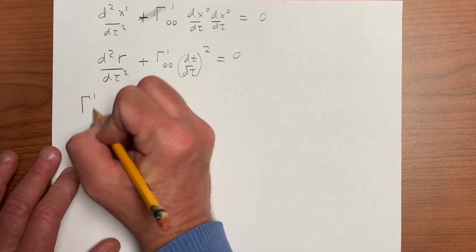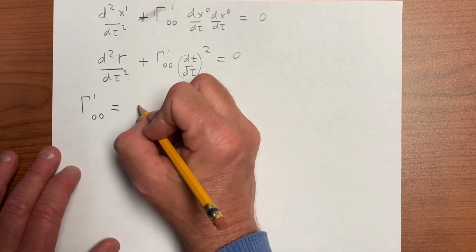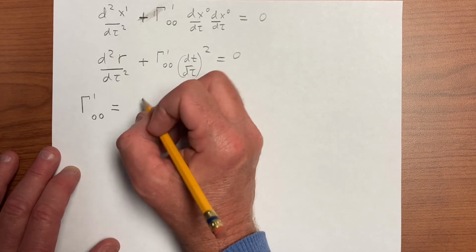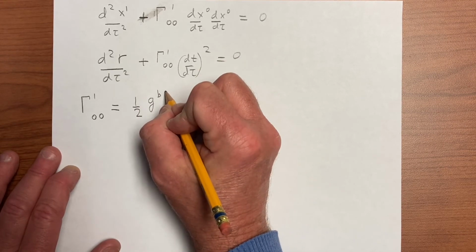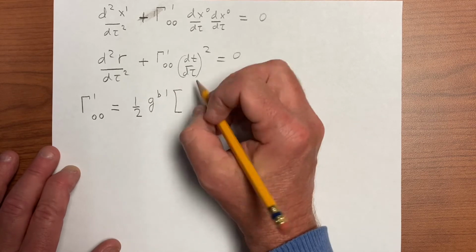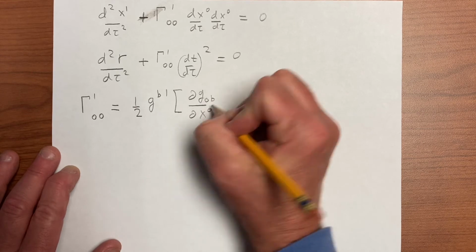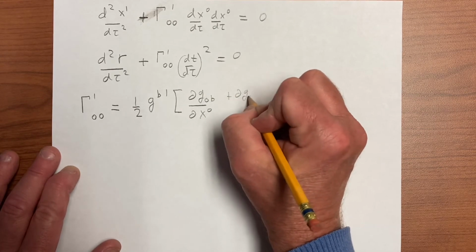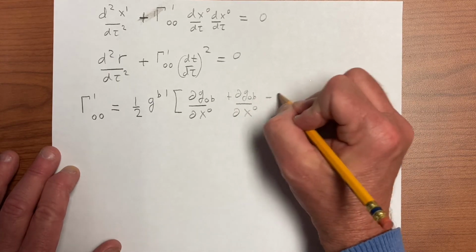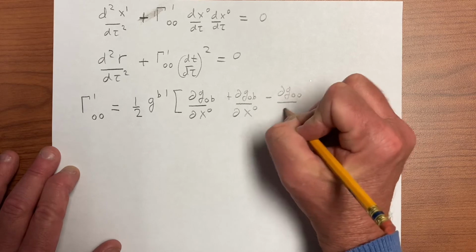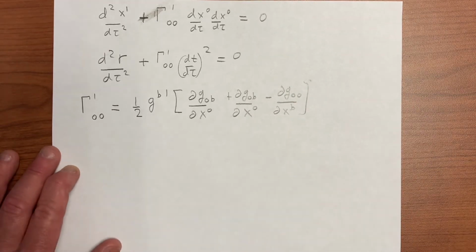So gamma 1, 0, 0 is equal to, we go back to our expression for the metric, 1/2 g1b times dg0b in x0 plus dg0b in x0 again minus dg00 in xb.